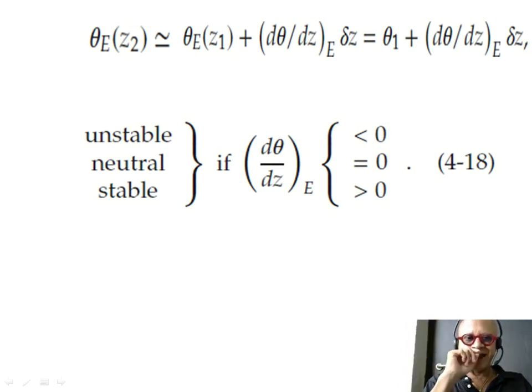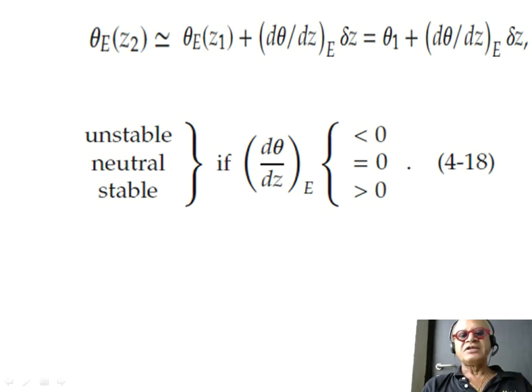That's what we are after, right? So theta E of the environment at Z2 is theta of the environment at Z1 plus d theta dz, which is the lapse rate of potential temperature of the environment, times delta Z, small movements. So theta 1 plus d theta dz of the environment times delta Z.